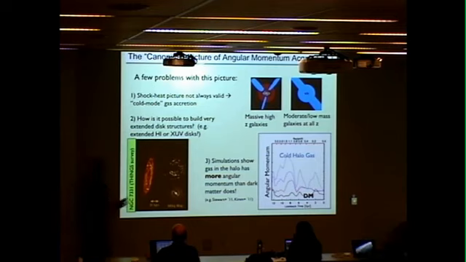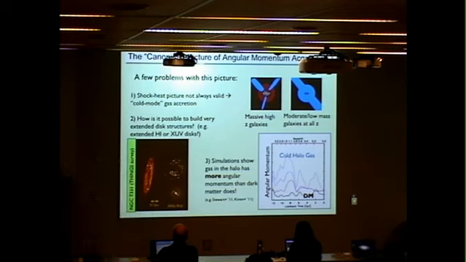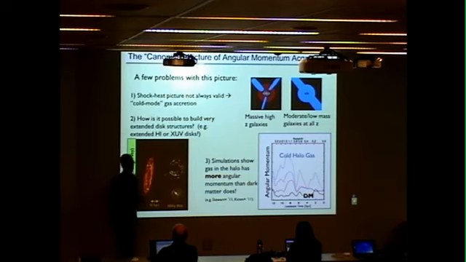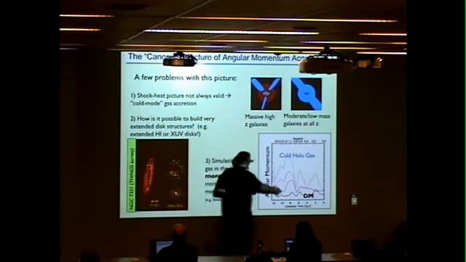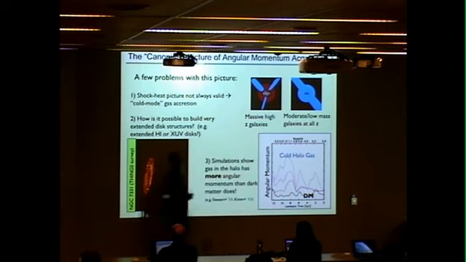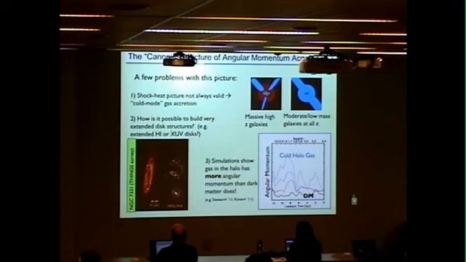But if you looked at the gas in the halo, so not blocking out the galaxy, just looking out in the halo to the virial radius, the gas had much more angular momentum than the dark matter does. So you have all the hot gas, the global average, just the cold mode gas, and you have much more angular momentum in the gas. So clearly, this should help in building these extended disks, but what's going on here? The old picture doesn't work because the gas is not doing the same thing as the dark matter.